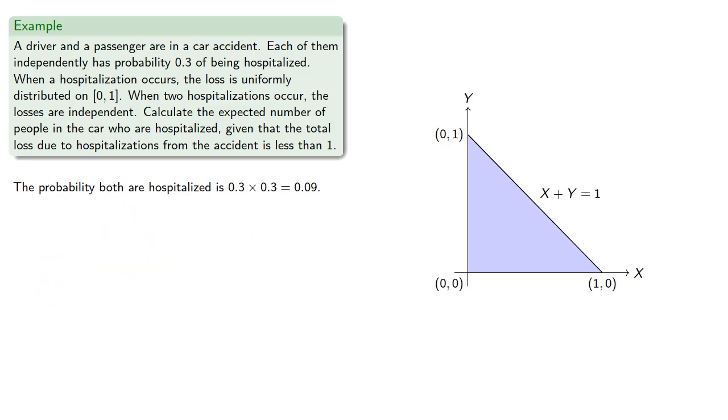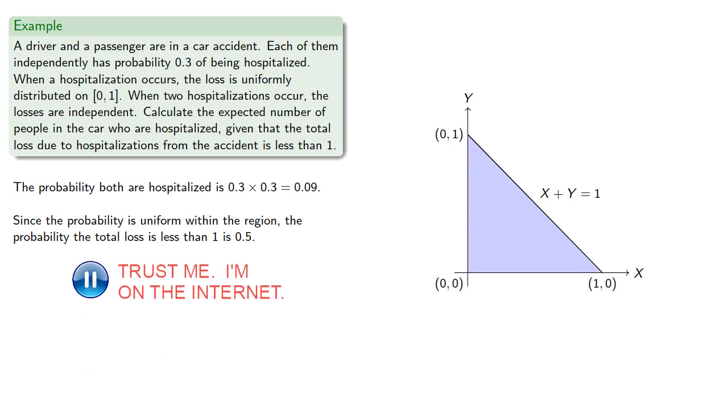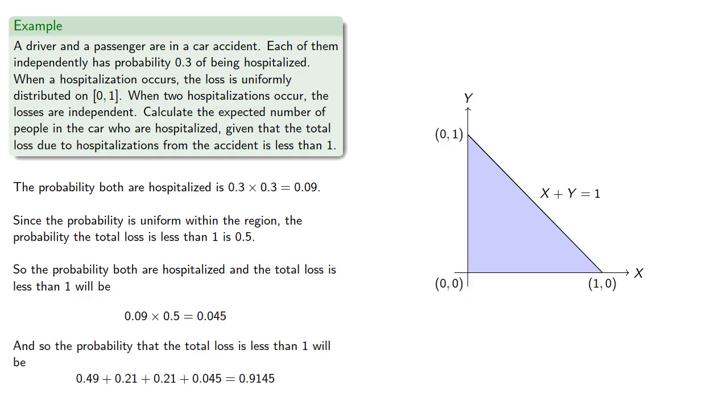So the probability that both are hospitalized is 0.3 times 0.3. And since the probability is uniform within the region, the probability the total loss is less than 1 is 0.5. So the probability both are hospitalized and the total loss is less than 1 will be, and so the probability the total loss is less than 1 is the sum of these 4 probabilities.